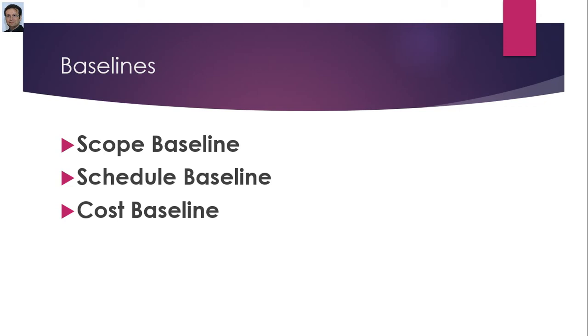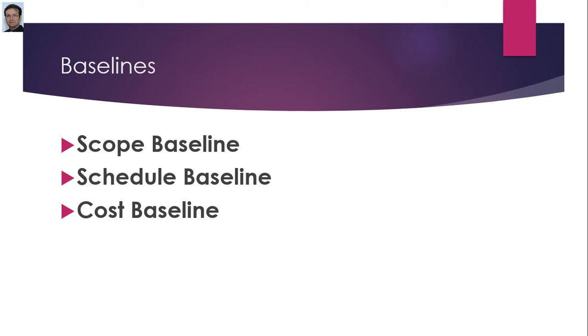The schedule baseline is a comprehensive calendar-based schedule, and in the cost baseline, based on the different activities you have identified in the schedule baseline, we finally assign cost to different activities of a project.